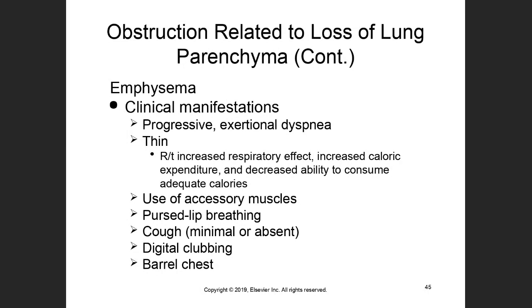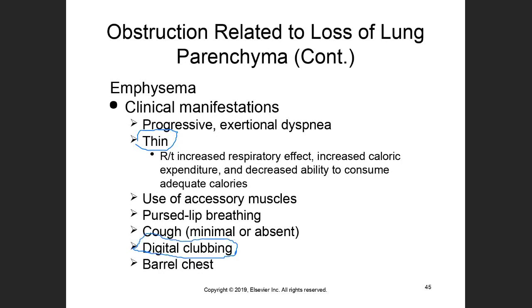Those patients most of the time are cachectic. You can see they are extremely thin, and they use accessory muscles, pursed-lip breathing, they have cough, and digital clubbing. You could Google digital clubbing on the internet.